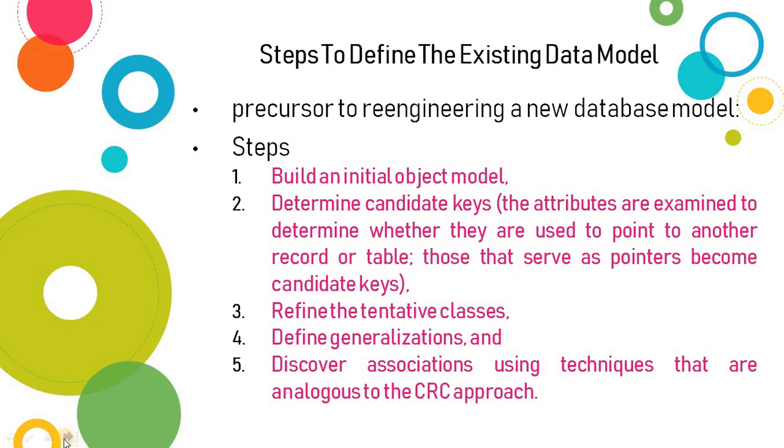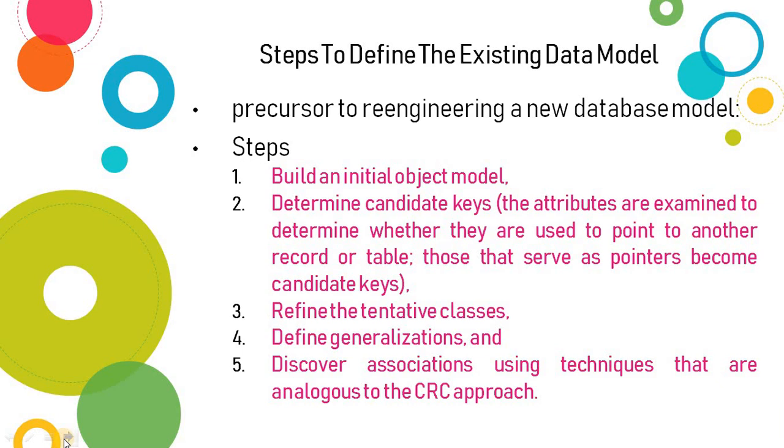Next are the steps to define the existing data model. How can we define a data model from the reverse engineering activity? This step is performed before creating a new database model in re-engineering. The steps are: we have to build an object model first. Second step is to identify the candidate key in the object model.